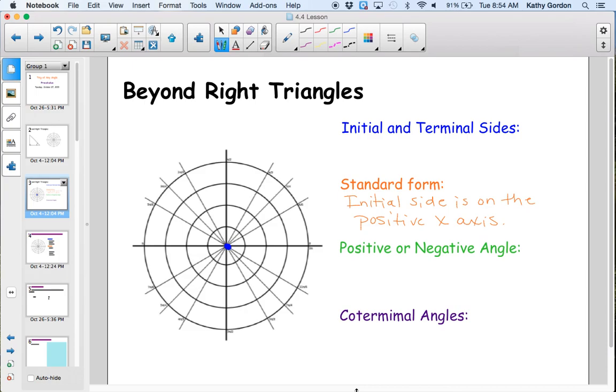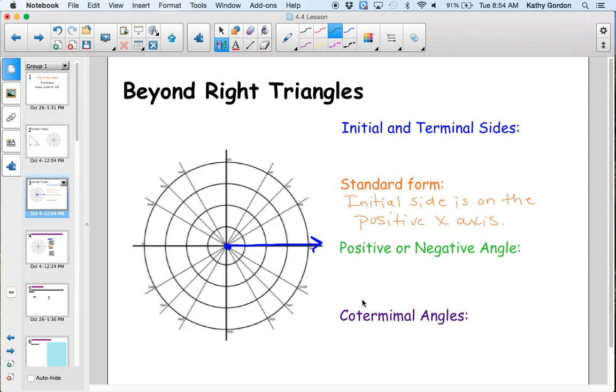We take this idea of having x and y axes, and we fuse that in with this idea of these circles that we're going to rotate around. Okay? And so our standard form means that my initial side is going to start right here every time on the positive x-axis, and then I'm going to rotate from that position.